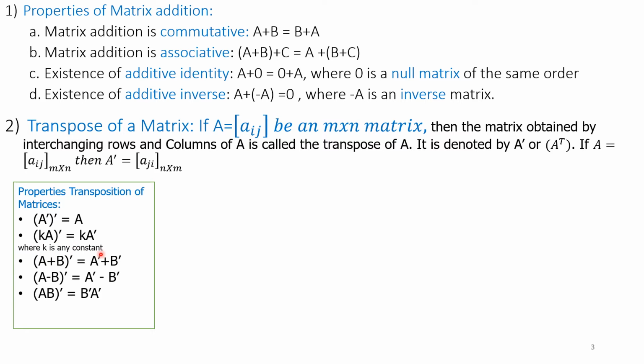And the third property is (A plus B) dash is equal to A dash plus B dash. Similarly, (A minus B) dash is equal to A dash minus B dash.